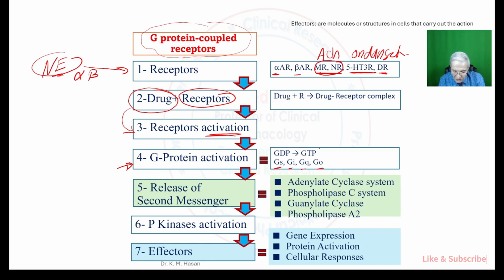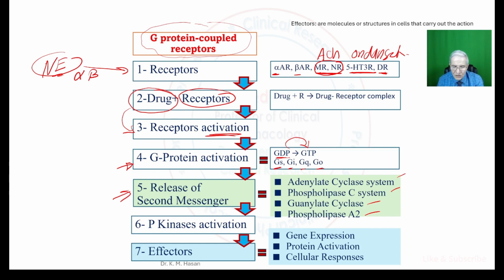Then guanosine diphosphate could be transferred to guanosine triphosphate, and here we talk about maybe specific pathways. When the G protein is activated, this will lead to the release of second messenger. The second messenger, as you can see, could be adenyl cyclase, phospholipase C, guanylate cyclase, phospholipase A. We have several types of second messenger.